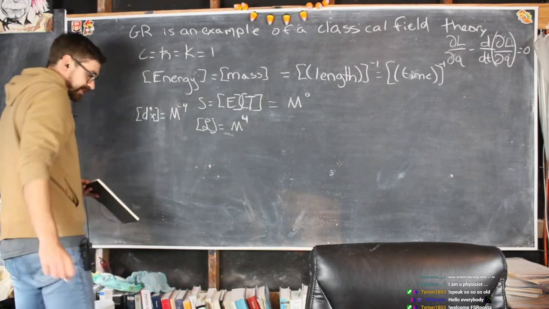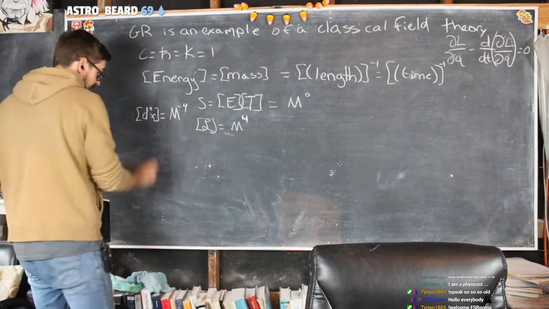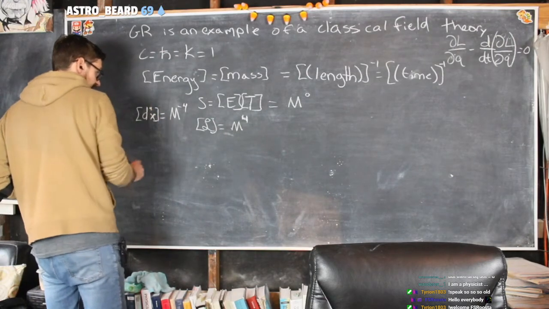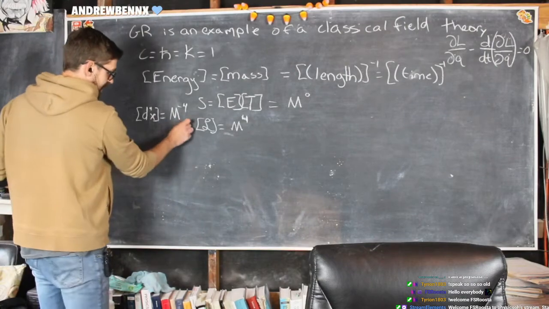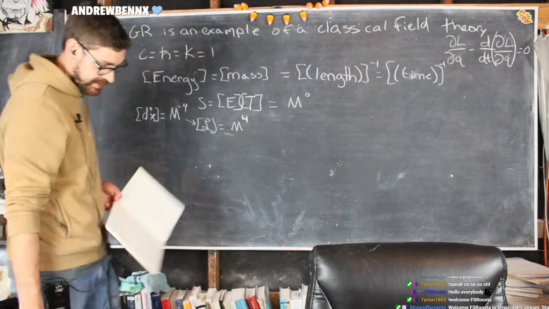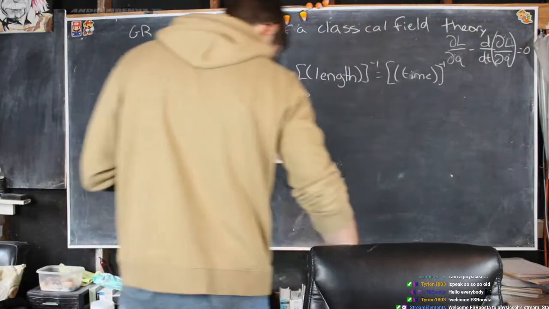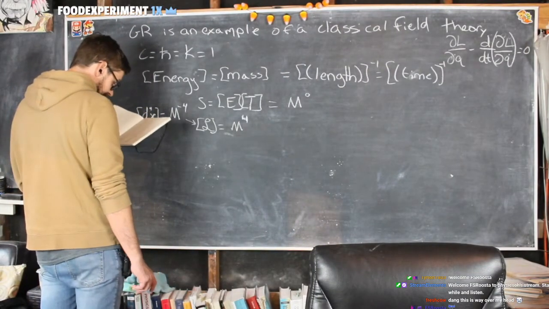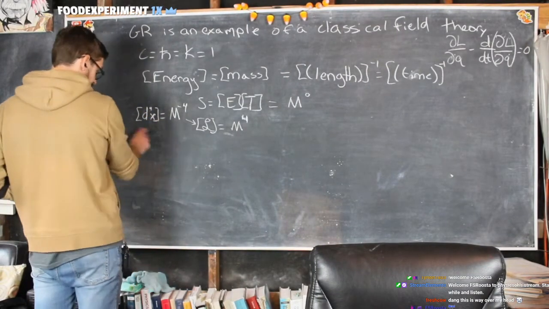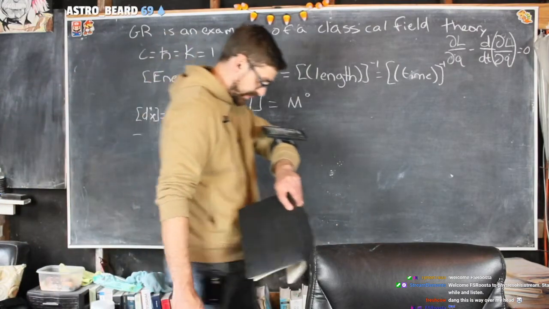Instead of writing 1 over m to the 4th, let's shorten it. We do want our action to be unitless, so our Lagrangian density is going to need units of m to the 4th. Okay, so that was kind of a side note. We'll have to revisit that a little later, I think, or at least he does. I don't know if we will or not.